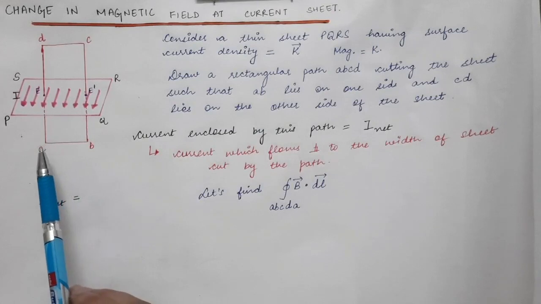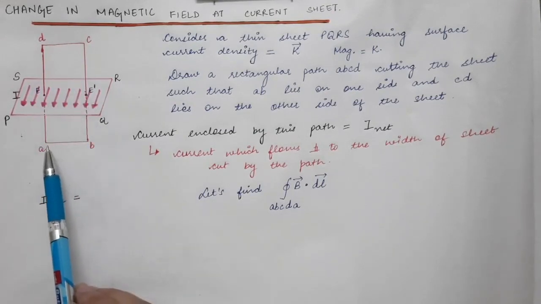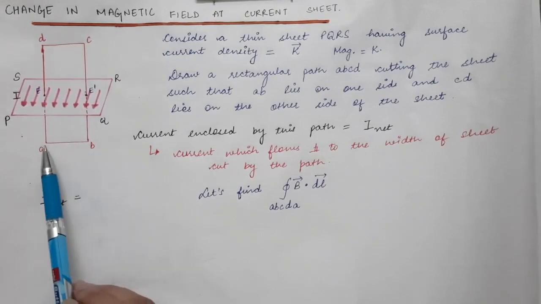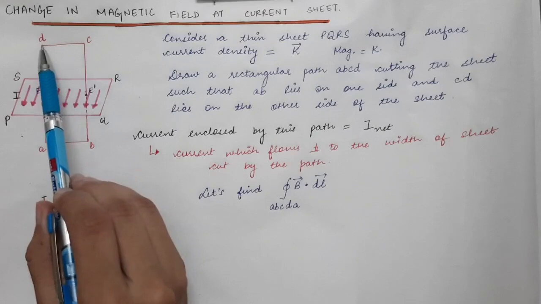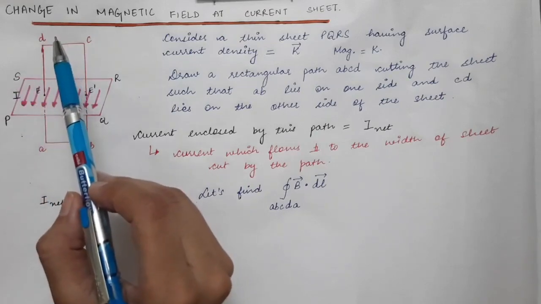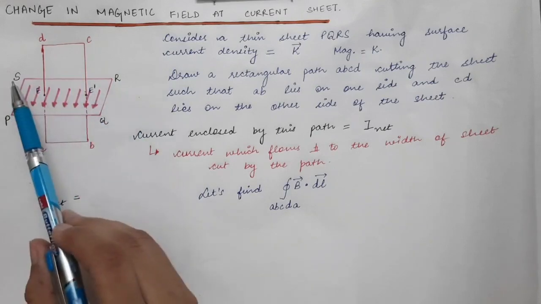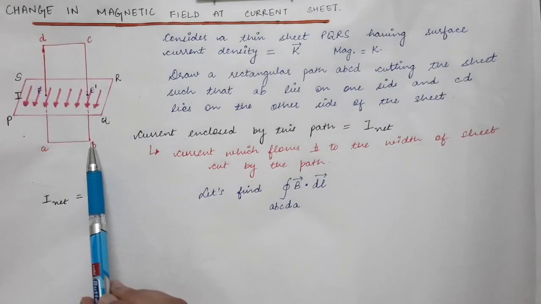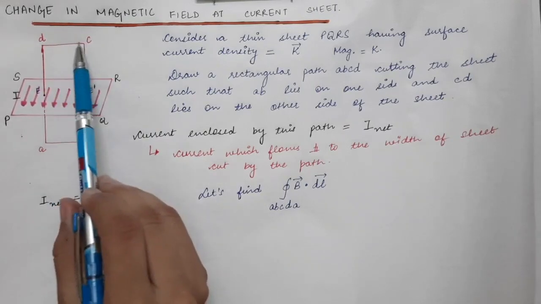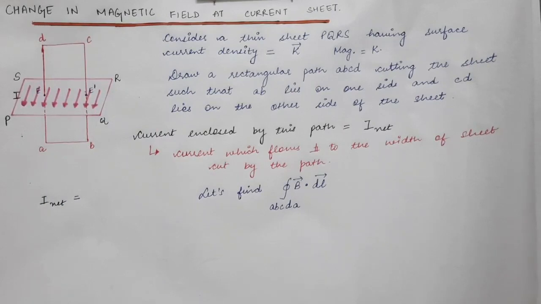So here you can see that this rectangular path cuts the sheet at 2 points, and this AB segment lies below the sheet, and CD segment lies above the sheet. So this sheet PQRS, let's suppose it is an infinite sheet. So this AB segment is lying below and this CD segment is lying above this current carrying sheet.